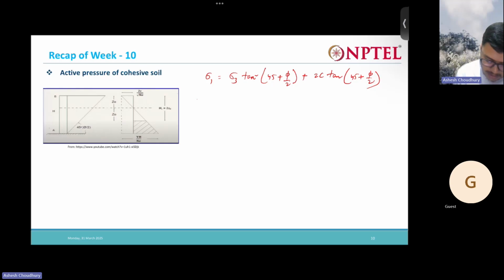So from here I can write, if I write this term as N phi, twice c root over N phi. I'm replacing this term, just writing this term as N phi. N phi is equal to tan square of 45 plus phi by 2.